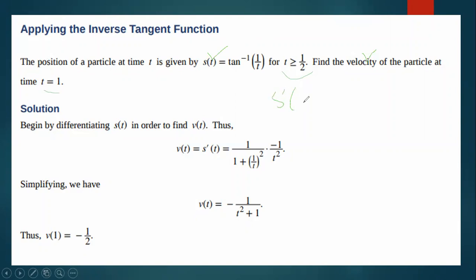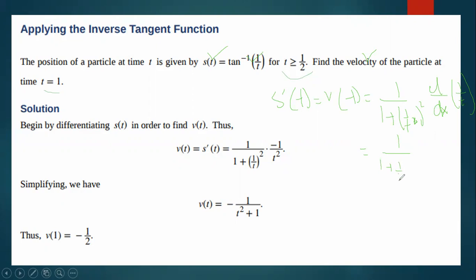So the derivative of s, basically the position, equals v of t, and it is tan inverse, so it will be 1/(1 plus the function's square), so the function is 1/t, so it will be 1/t square, then the derivative of the function, that is d upon dt of 1/t.